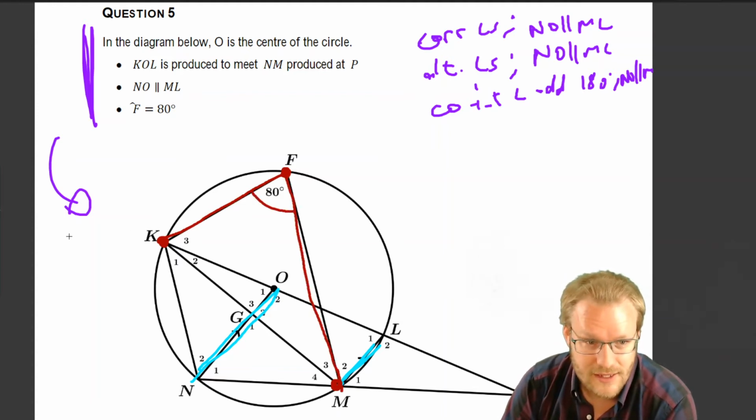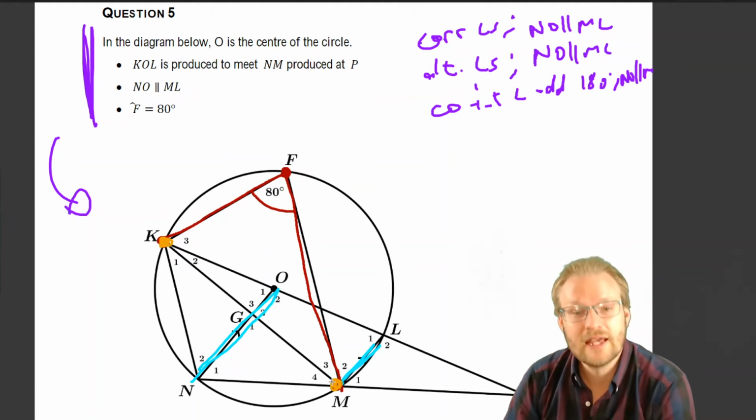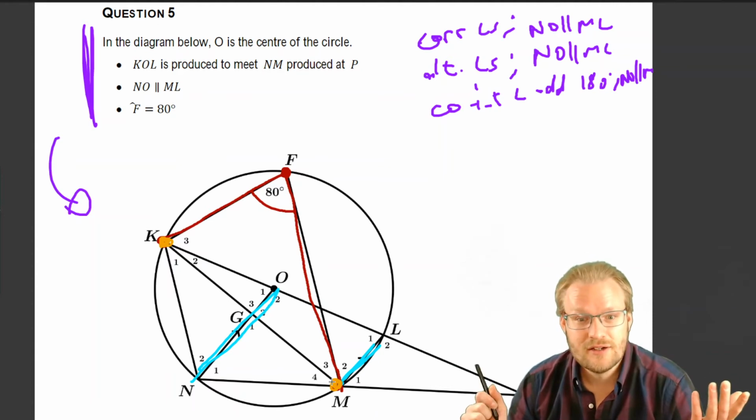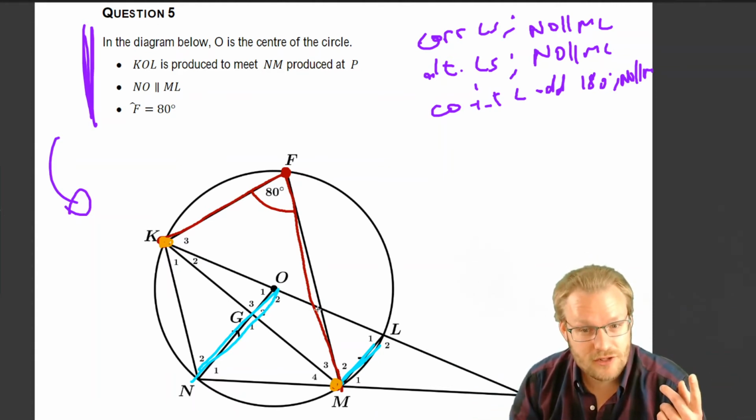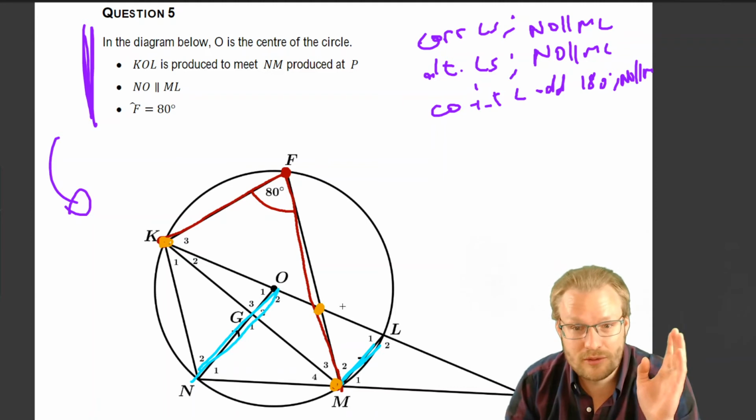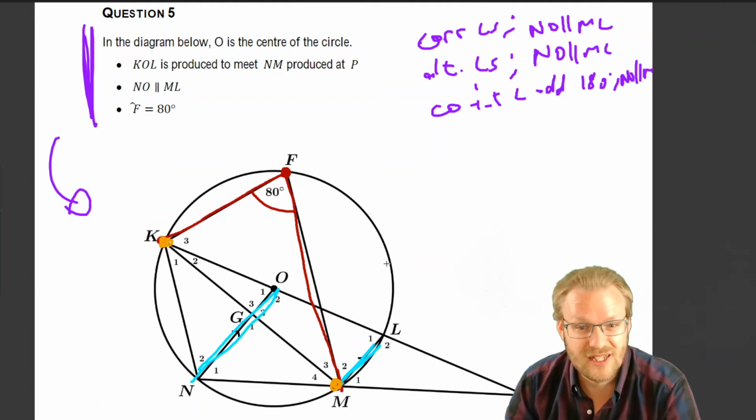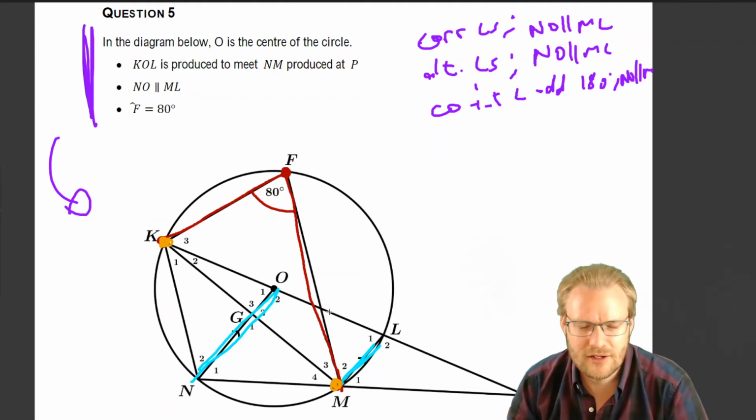So that's 80. Can we create, from K and M, another point on the circumference? Not this point here, because it's some arbitrary point in the middle and not going to be too helpful. None of our theorems talk about an angle at some arbitrary point in the middle of the circle.